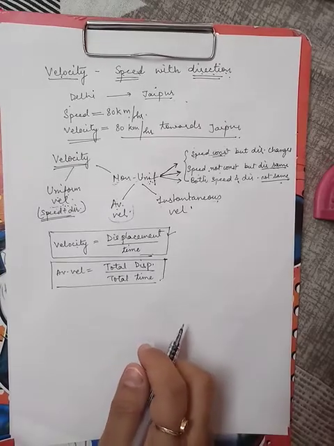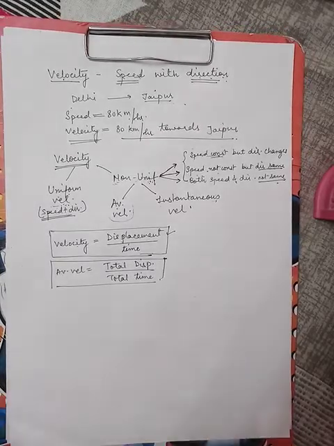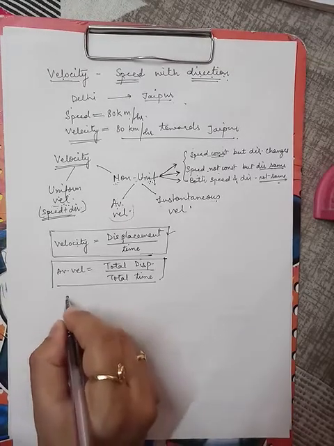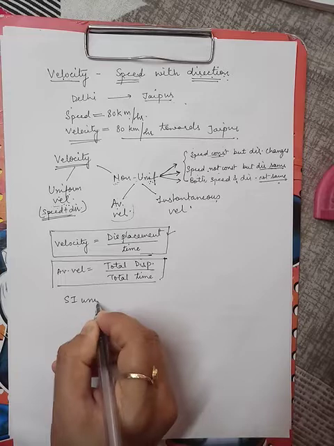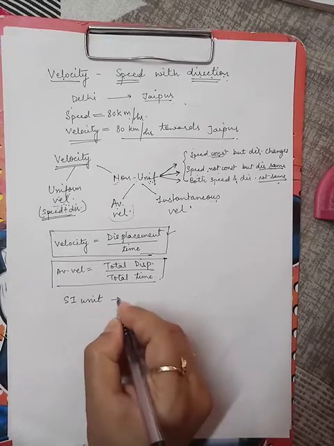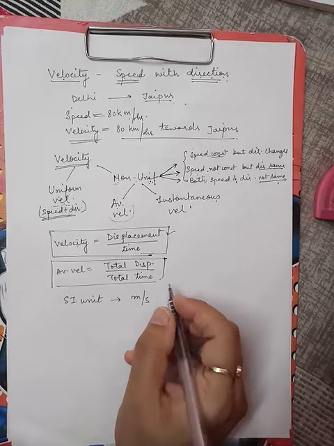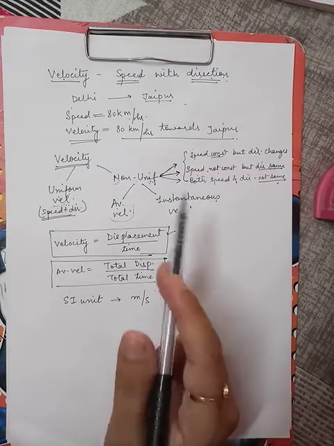So let's talk about the unit. What will be the SI unit for velocity? That will be meter per second, same, because we are specifying the numerical value in speed.